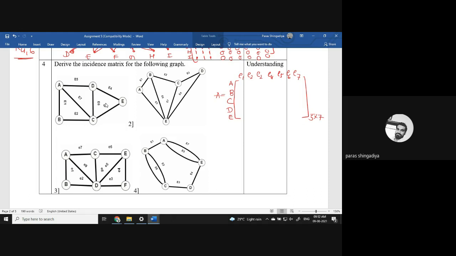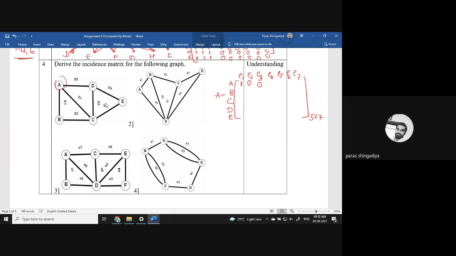So consider the first vertex A and check its relation with all the edges. A with E1, they are in incidence relation, so put 1. A with E2, they are not in incidence relation. Vertex A is here, E2 is here, so it is not in incidence relation. So it will be 0. A with E3, it is also not incident, 0.